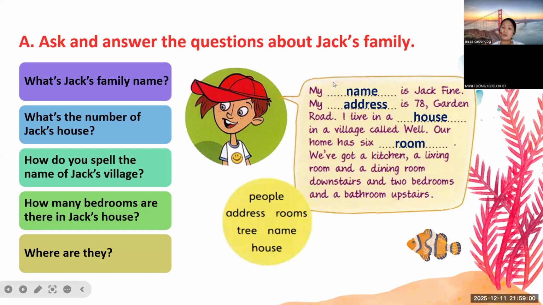Potato, what are the rooms that we can see at Jack's house? Yes. Kitchen. What else? Living room. Living room, dining room, bedroom, and home. Okay, very good, because you were able to tell me the different rooms that we can find here at Jack's house.